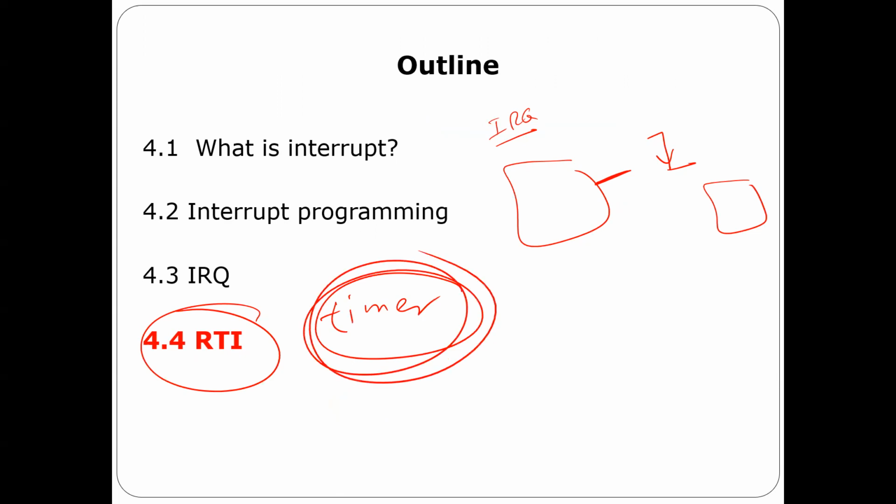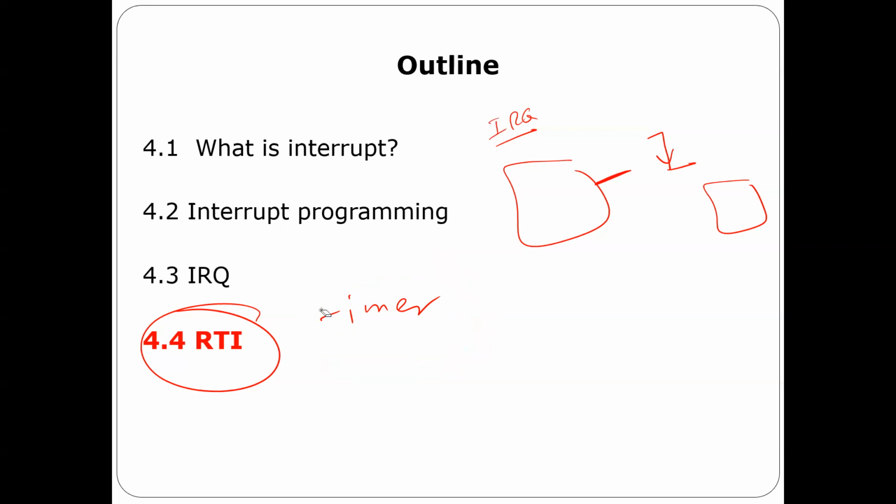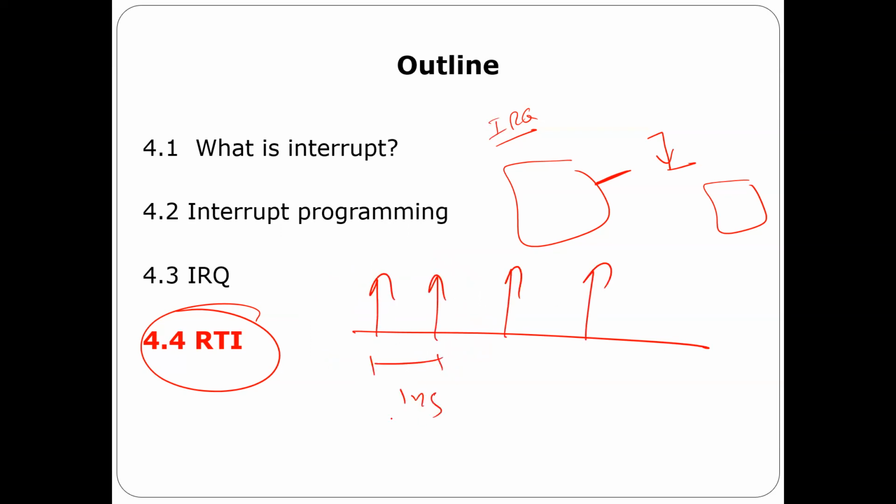RTI is used if you want to make periodic interrupts, for example every 1 millisecond. You can configure the time for sure. So for example, if I need interrupts every certain time, every 1 millisecond or every 10 millisecond, whatever, RTI can do that.